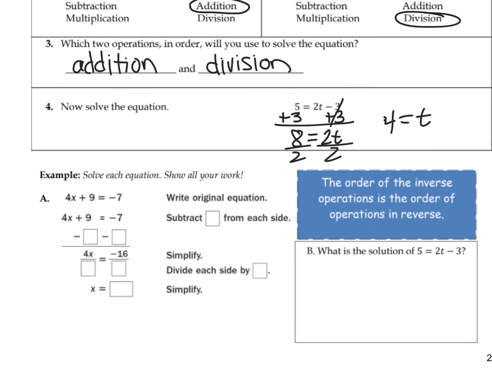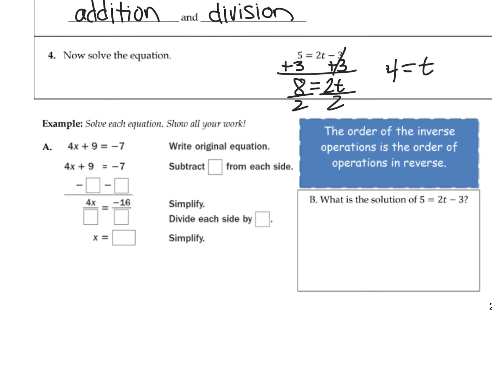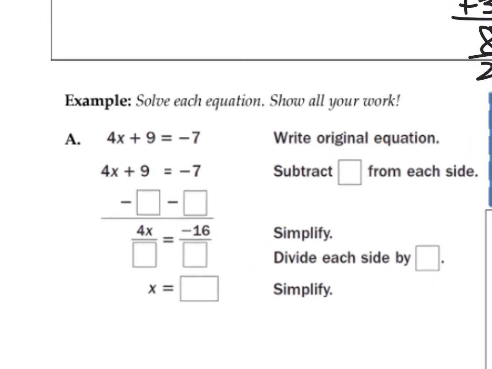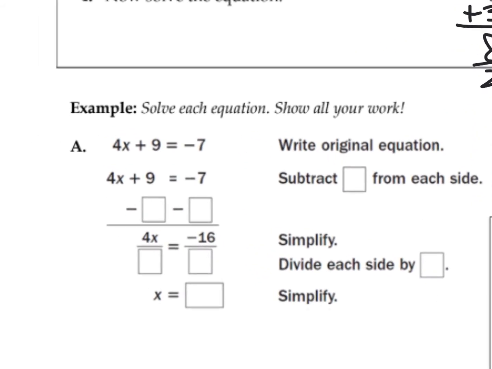All right, moving on. So example A, they give us 4x plus 9 equals a negative 7. And then we are going to start with the plain number, ignoring the x. The opposite of a plus 9 is minus 9, so we are subtracting 9 from each side.